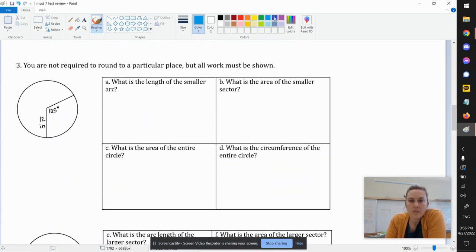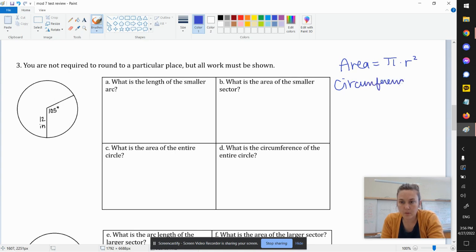Next one, we're going to use the following equations. We're going to use that the area of a circle is pi r squared. We're going to use that the circumference of a circle is 2 times pi times the radius.